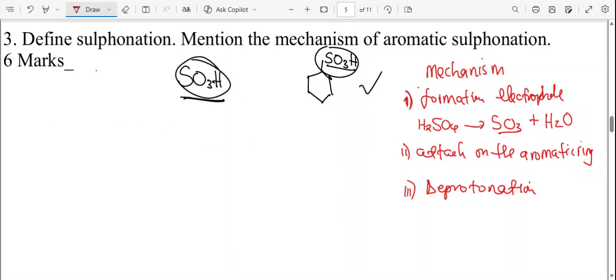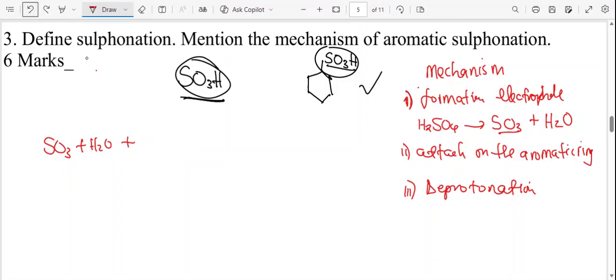So first of all, we have formed SO3, plus water. Then plus the same ring that I have. Let's say I have this ring.